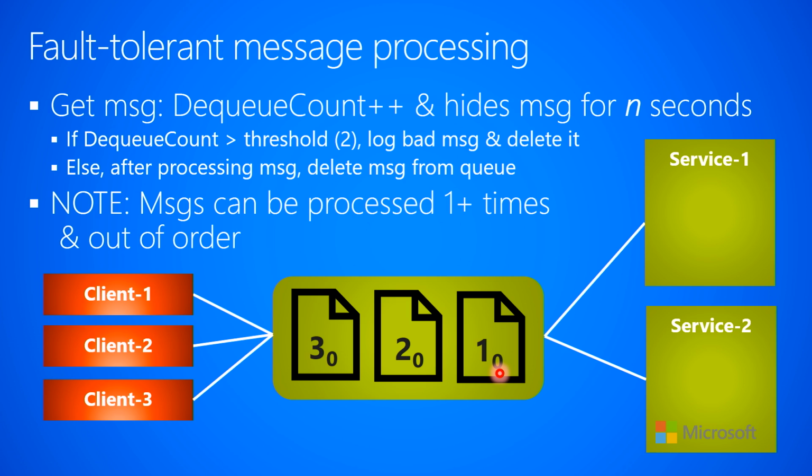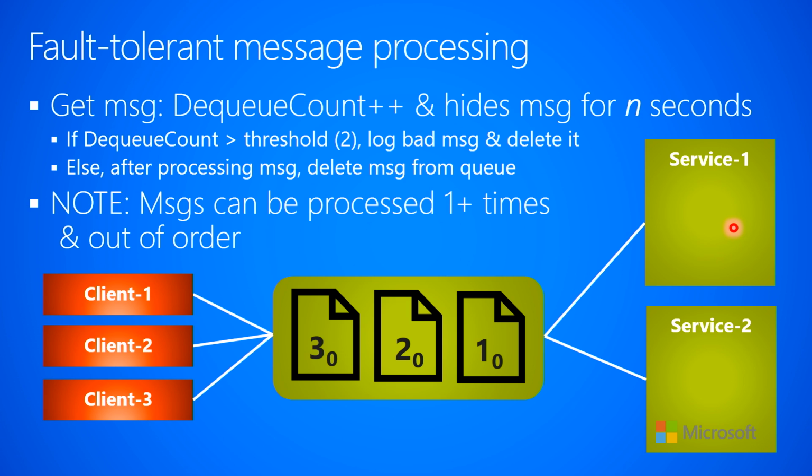We call it invisibility. The queue makes the message invisible for some period of time, usually expressed in seconds, like maybe 5 seconds or 10 seconds. Whatever amount of time you think is going to be required in order to process the message from the queue. So if you think processing the message is going to take 10 seconds, then you would typically make the message invisible for 10 seconds.